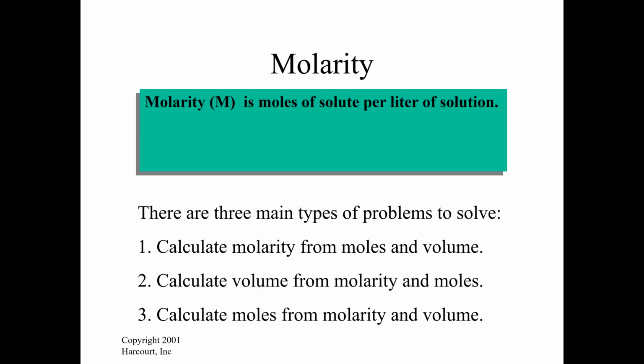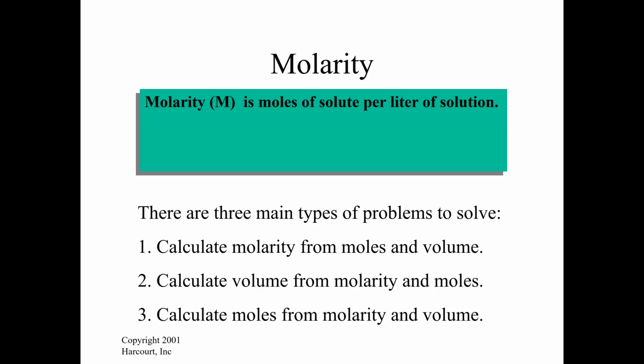So for molarity, we use the abbreviation capital M, and molarity equals moles divided by liters, and you'll see that in the book. I'm sorry, my graphics are not working. There are 3 kinds of problems you might have to solve. You're going to be given 2 of those items, but you're not going to be given the third.